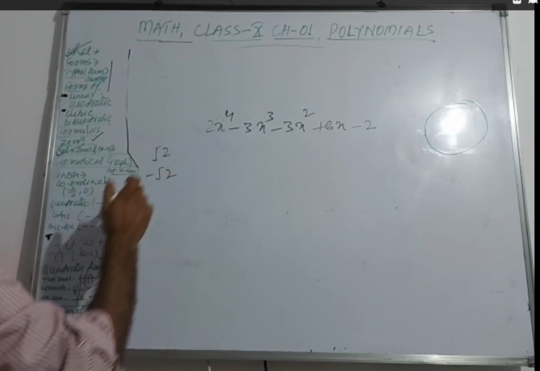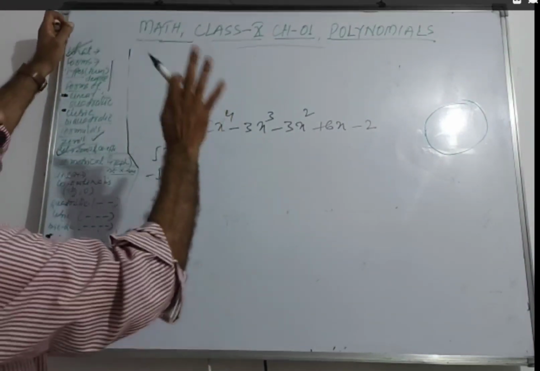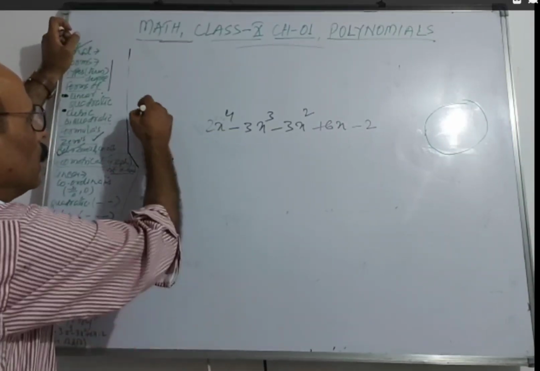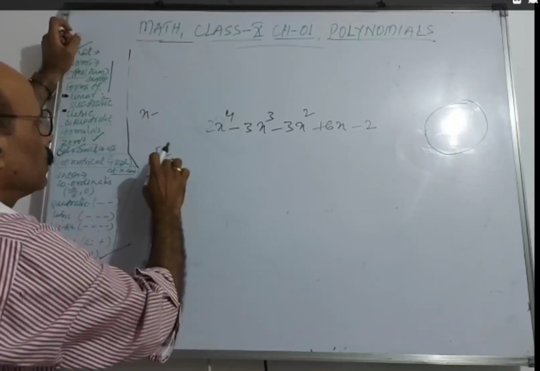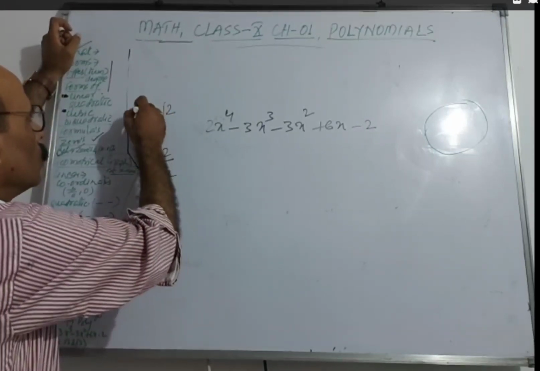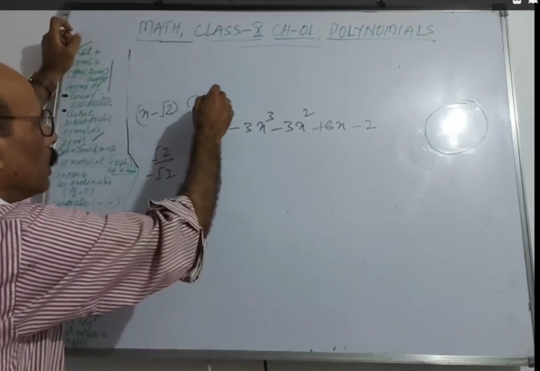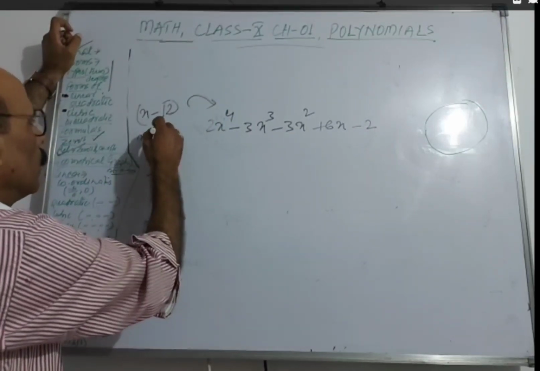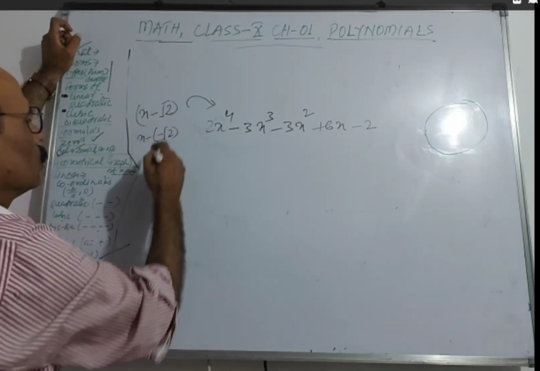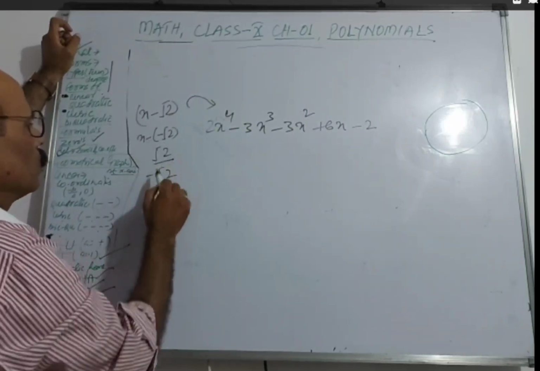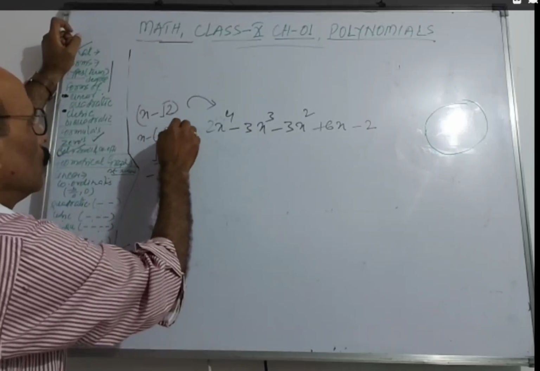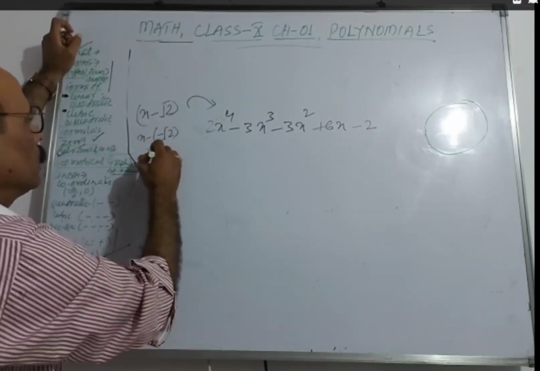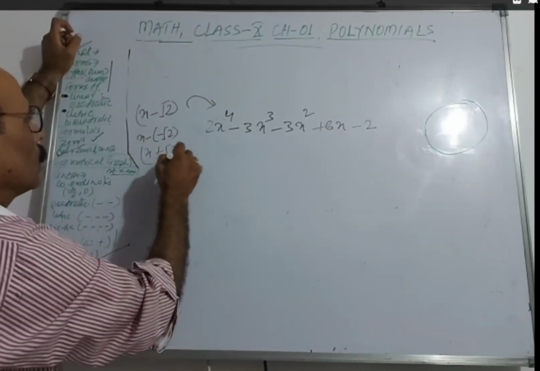Okay, we know, in class 9 we discussed that if a zero is there, then x minus this zero, root 2, will be a factor of this polynomial. Another factor will be x minus this minus root 2, that means x plus root 2. With these two factors we can generate here. What are the two factors?